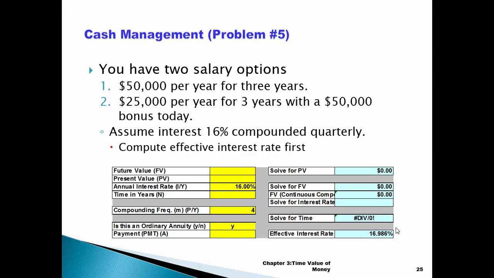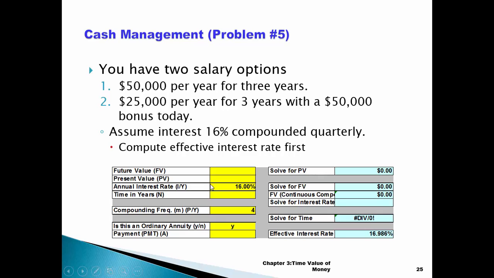You have two salary options. You can get $50,000 a year for 3 years, or you can get a $25,000 salary for 3 years and get a $50,000 bonus today. Assume you have interest of 16% that's compounded quarterly. So which would you rather do?